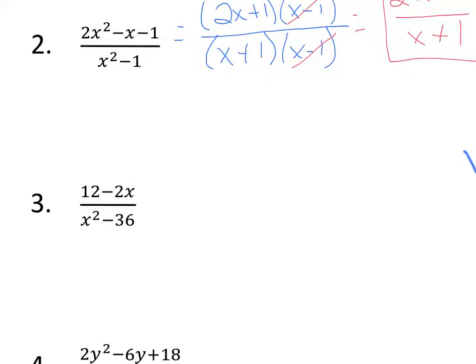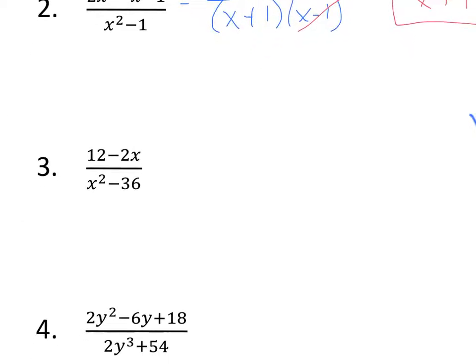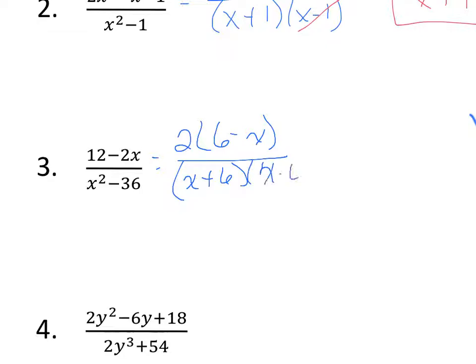In number 3, again, factoring the numerator, there's a GCF of 2. So we'll take out a 2 and we'll have 6 minus x. The denominator is the difference of squares again. So x plus 6, x minus 6. Remember, you can cancel the x minus 6's and the 6 minus x, but they're not exactly the same.